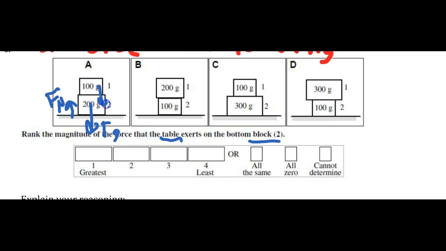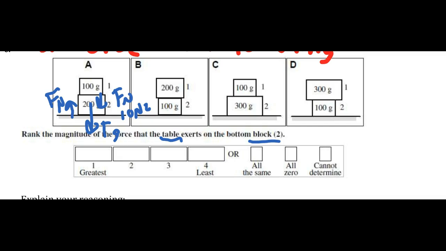Then I also have a normal force going down, which is the force normal of 1 on 2. But then you need to go and find that normal force. You could do it, but this gets a little complicated.